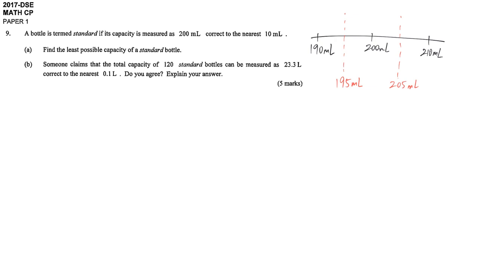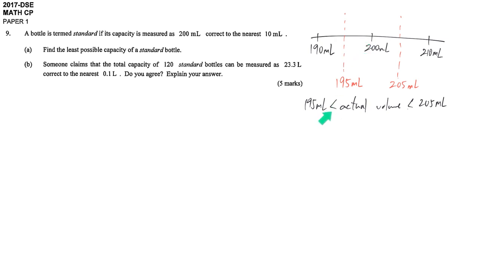So if we ask you the actual length, that means the actual volume, then you will say that it's within 195 and 205. But beware, it can be exactly 195. When it is exactly 195, you still consider it 200.